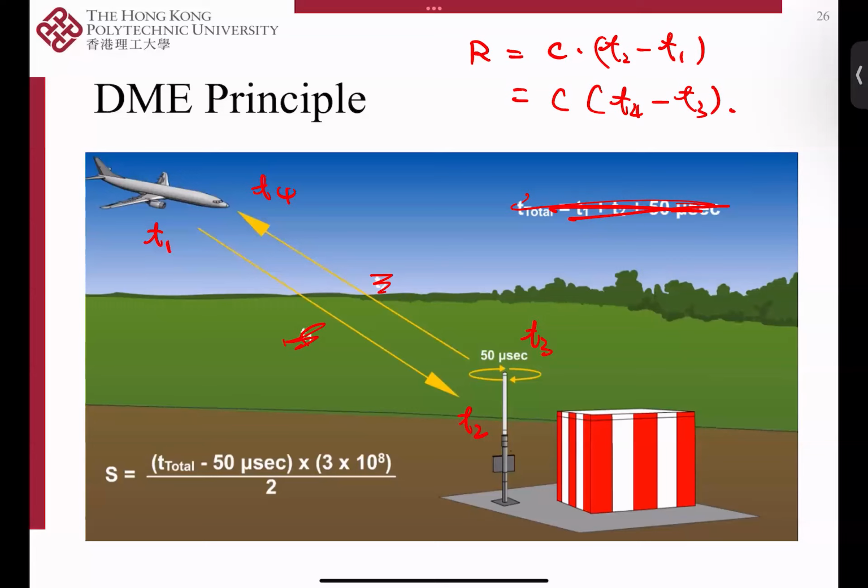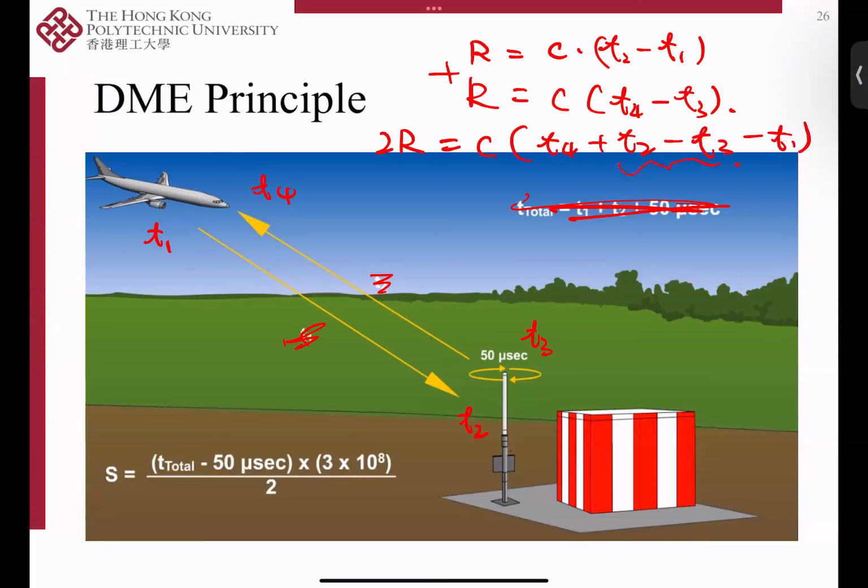What we do is combine these two equations together. On the left-hand side, we have 2 times the range. On the right, we have C, and inside we will have T4 plus T2 minus T3, and we also minus T1.